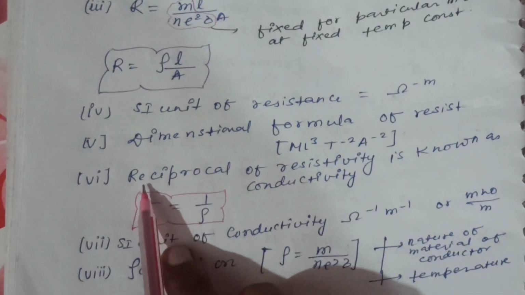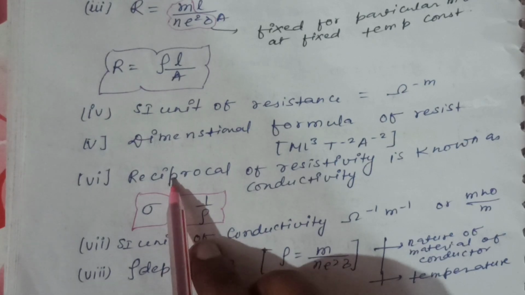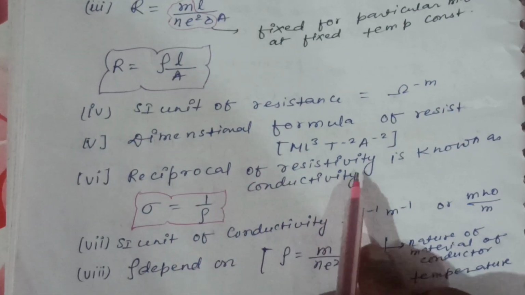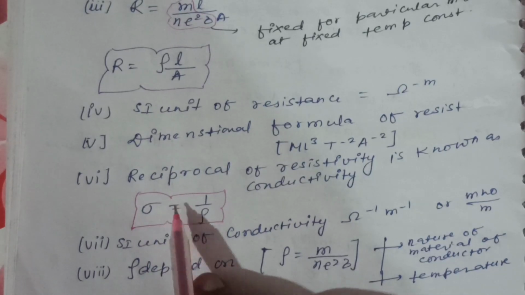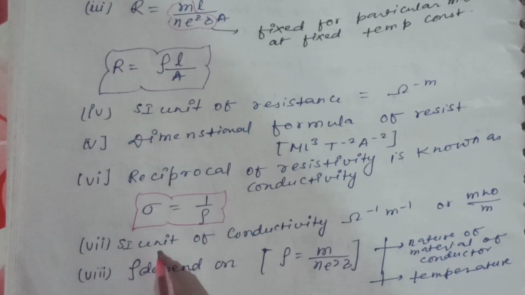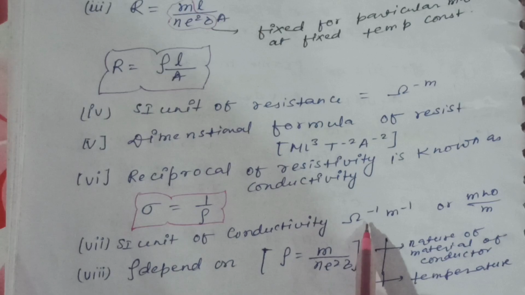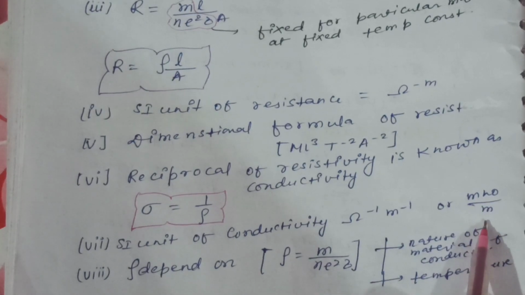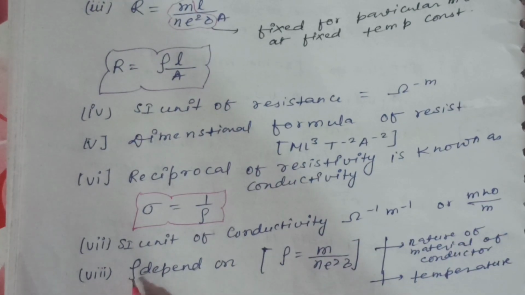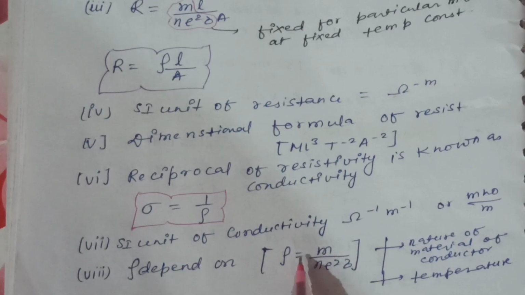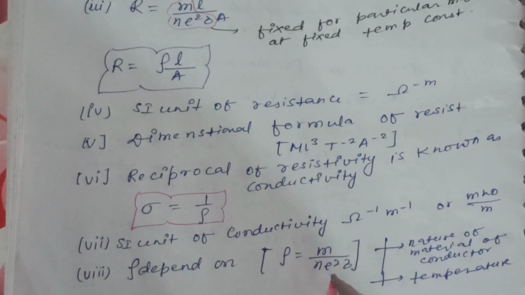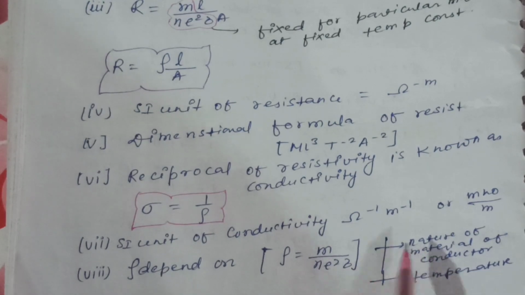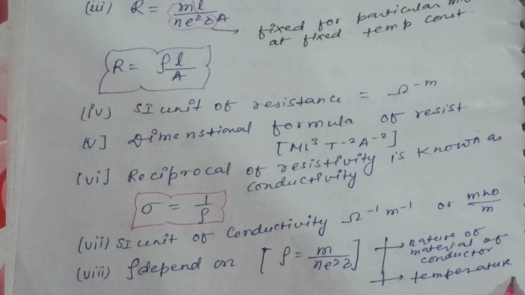Now, the reciprocal of resistivity is known as conductivity. Sigma is equal to 1 upon rho. SI unit of conductivity is mho per meter. Rho depends on (rho is equal to m upon ne square tau) the nature of the material of the conductor and temperature.